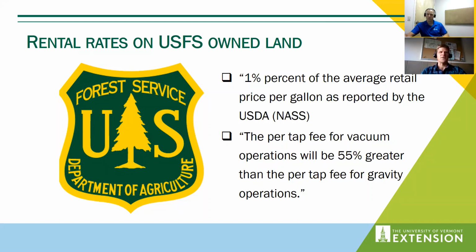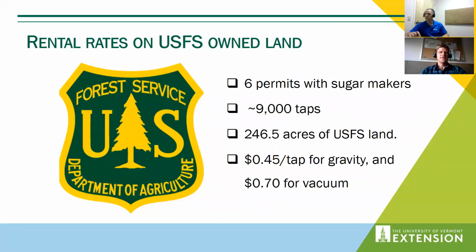There are 6 permits on Forest Service land, about 9,000 taps total, 250 or so acres. The average rate now for those agreements is 45 cents a tap for gravity and 70 cents for vacuum. They are in the process of reviewing this entire pricing structure, so it'll be interesting to see if those 6 permits change in the future.